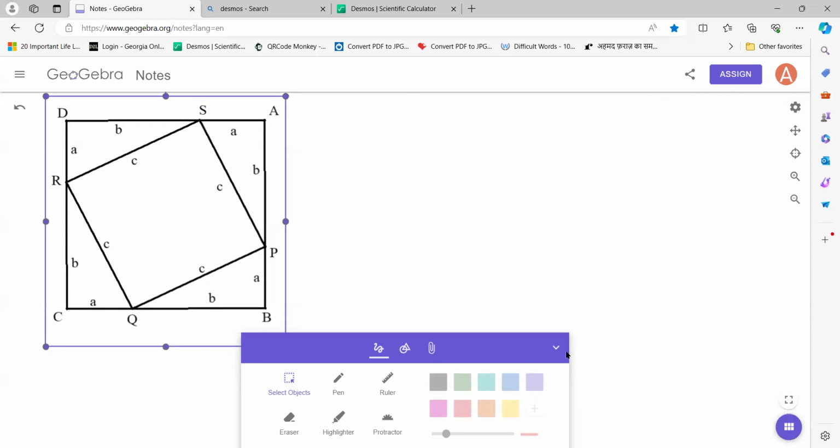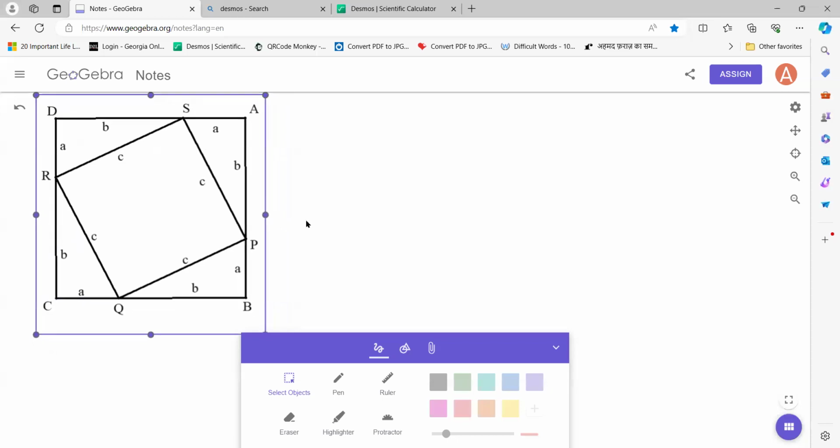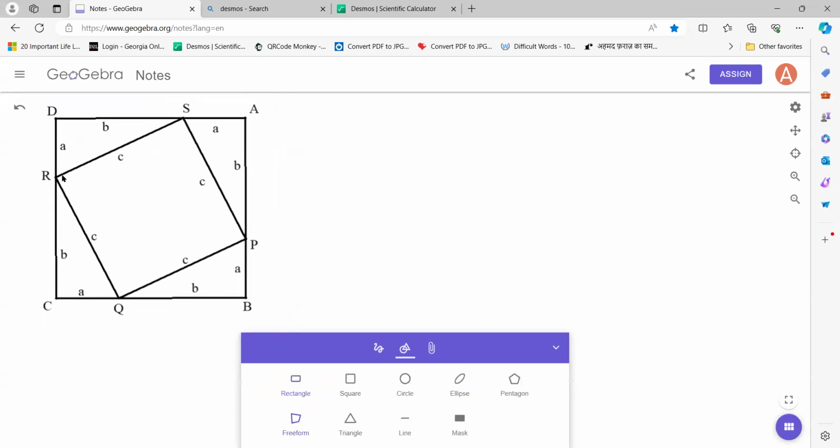So again, as before, I took four right triangles, and I'm going to shade one of them, maybe DRS, pink. I took four copies of this pink triangle and arranged them as I did. This is the next one, this is the third one, this is the fourth one.